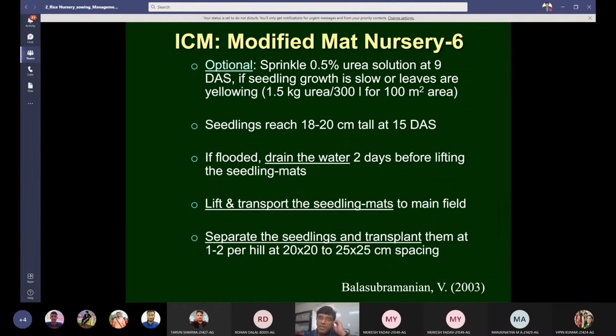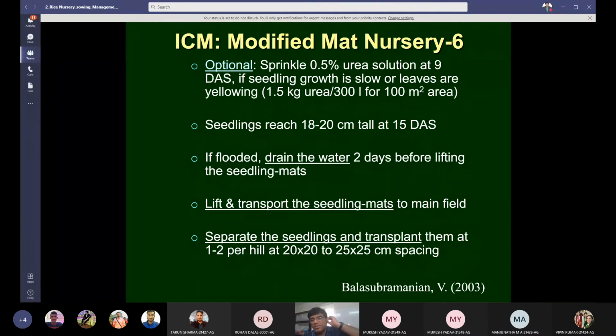In integrated crop management for rice, certain good agricultural practices or best management practices are there. Therefore, this modified mat nursery is considered a good agricultural practice or best management practice for rice. So it is part of ICM.